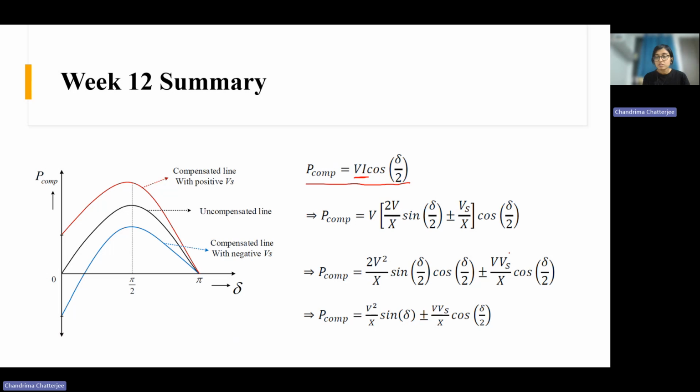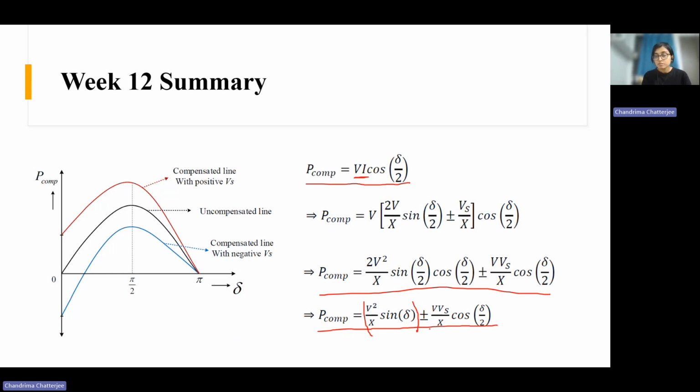If you substitute it, you will get an expression like this, right? And finally P comp is this. So this part you are familiar with. This is the power when there is no compensation, V square by X sine delta. This is usually the active power flow in the transmission line.